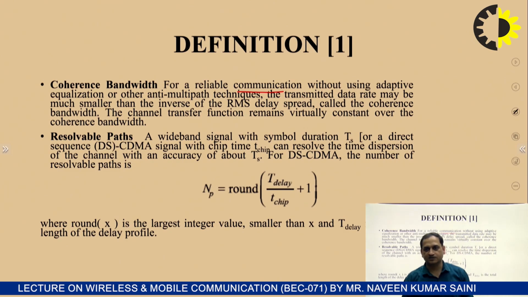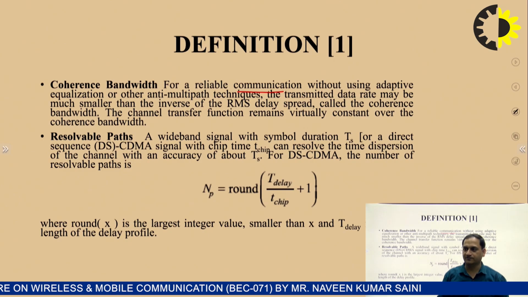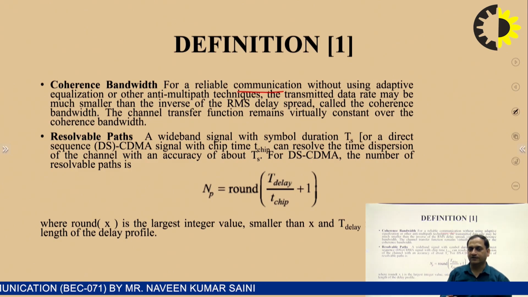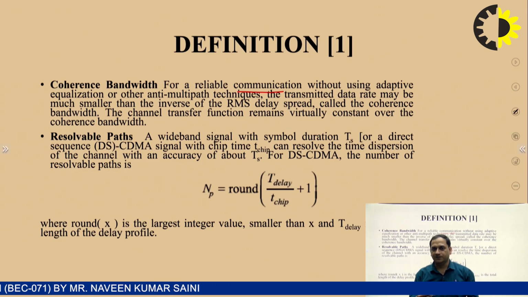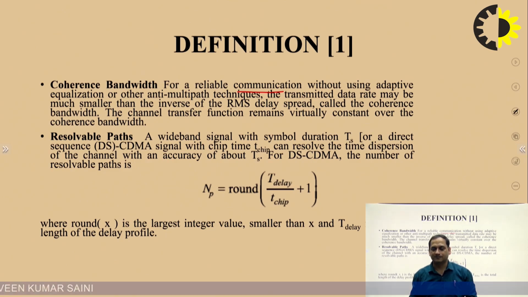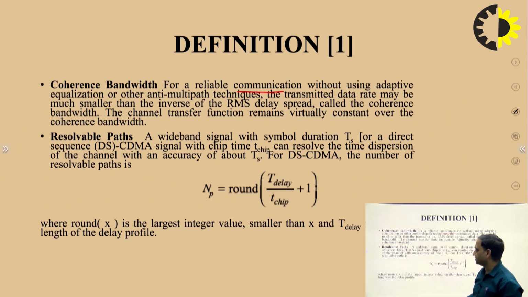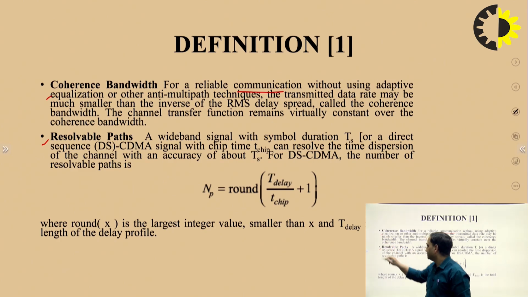This is the condition for coherence bandwidth, and the signal bandwidth must be less than the coherence bandwidth. In that way the ISI, or intersymbol interference, of the received signal will be reduced. If the system follows this condition, the intersymbol interference can be reduced, and that bandwidth is called the coherence bandwidth. Second one is the resolvable path.